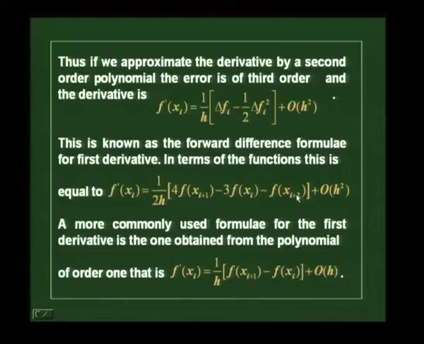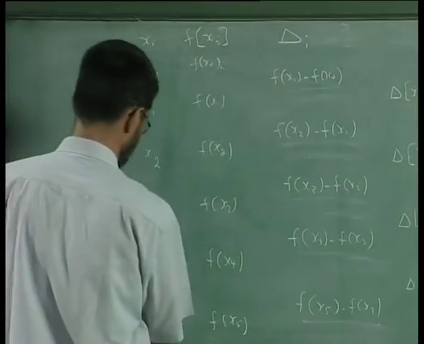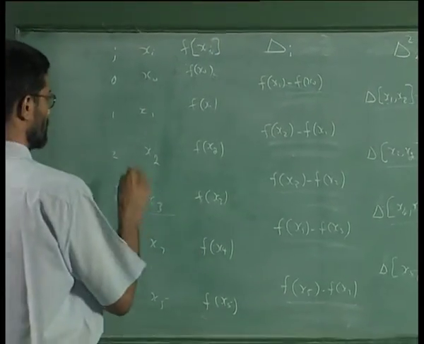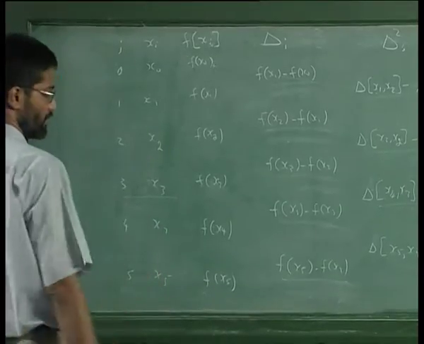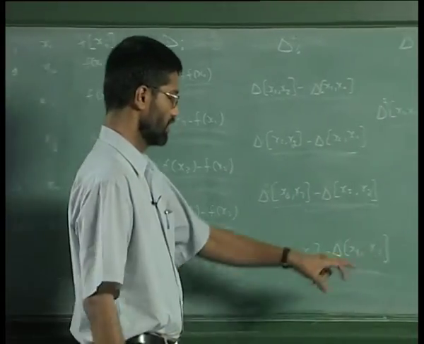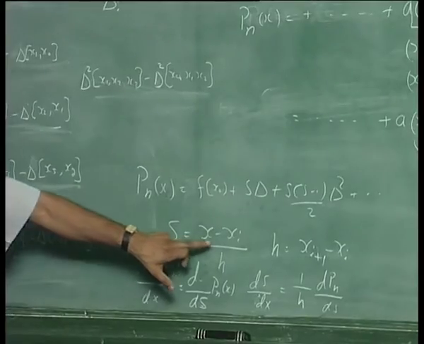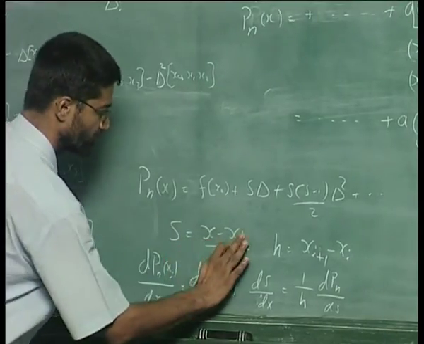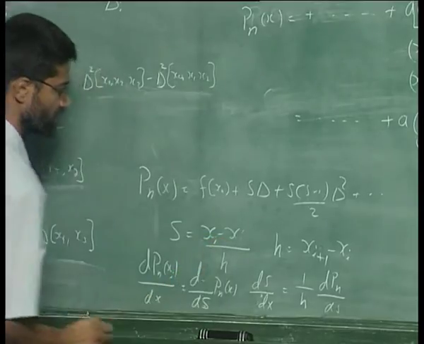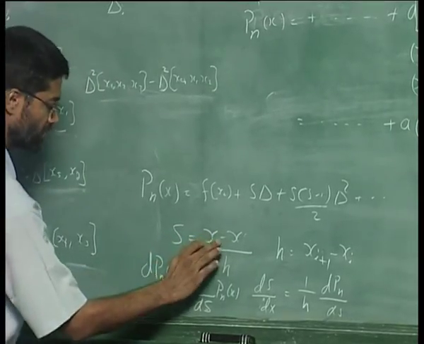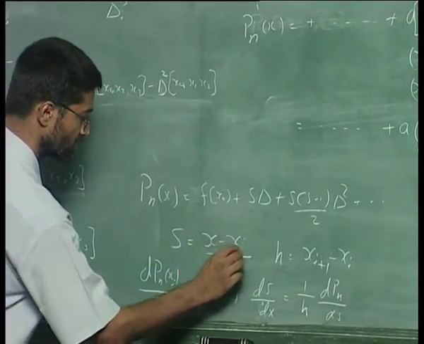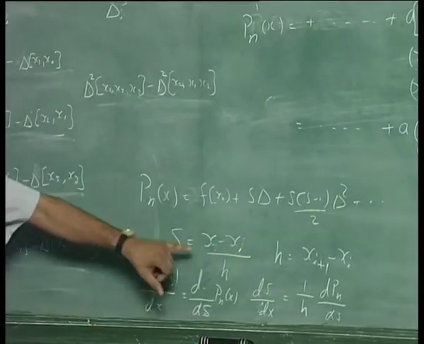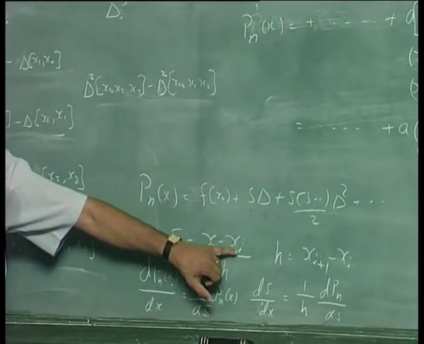But it turns out that if I enter the polynomial at i minus 1 instead of i itself, that is, if I want to find the derivative at xi, I enter the difference table at xi minus 1.